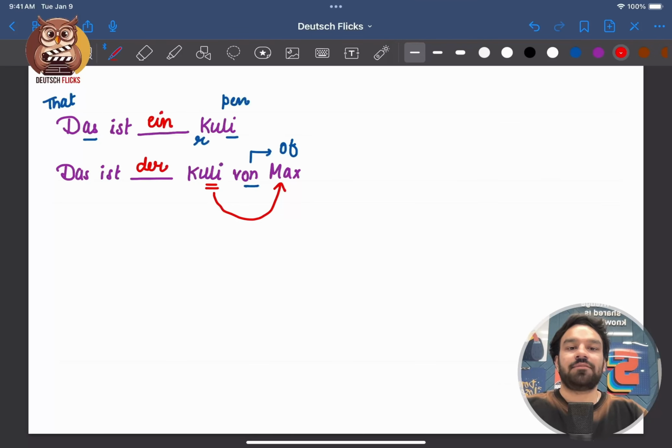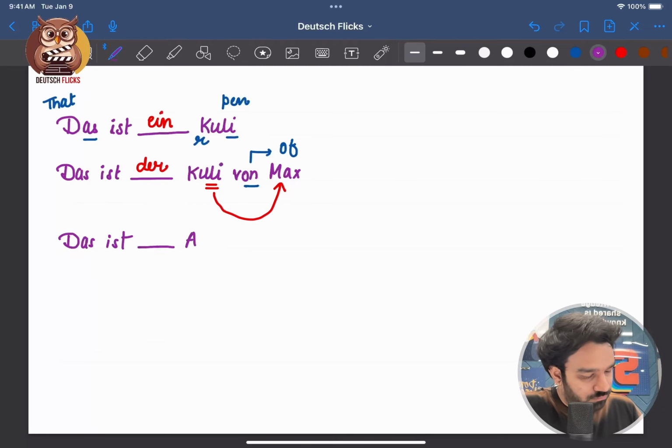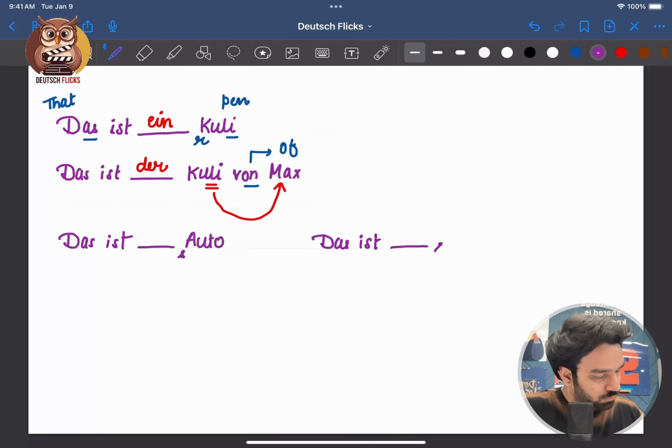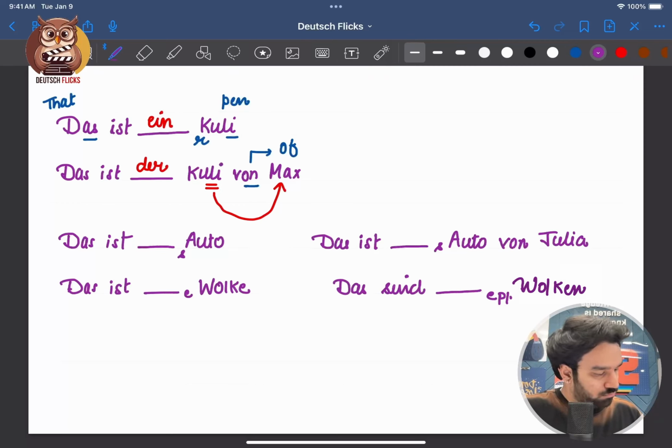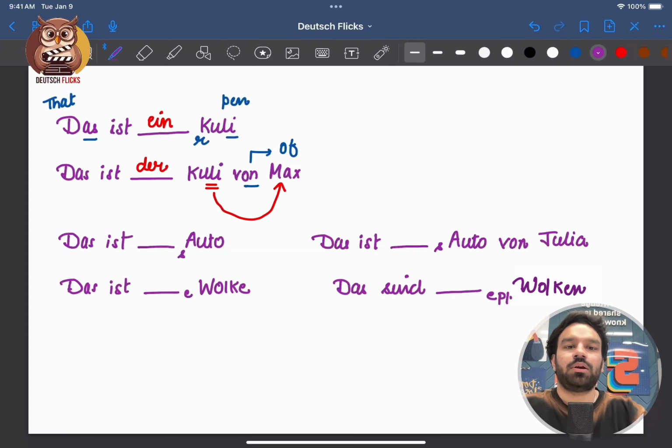Now it's time for a quick challenge. I'll give you some examples and you have to fill in the correct article. Okay, let's discuss the answers.